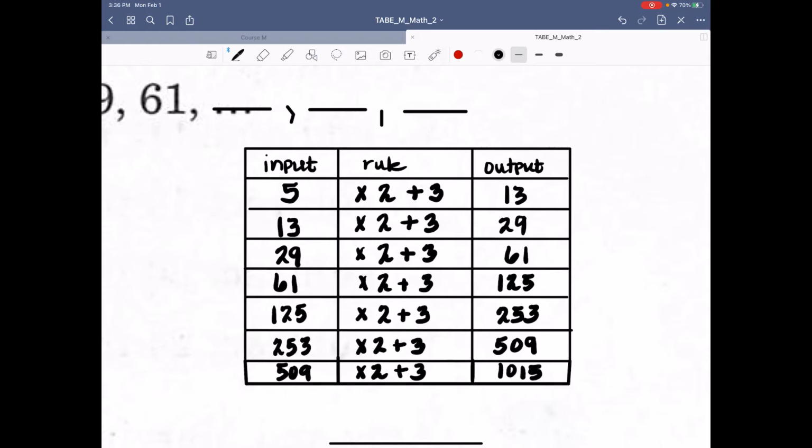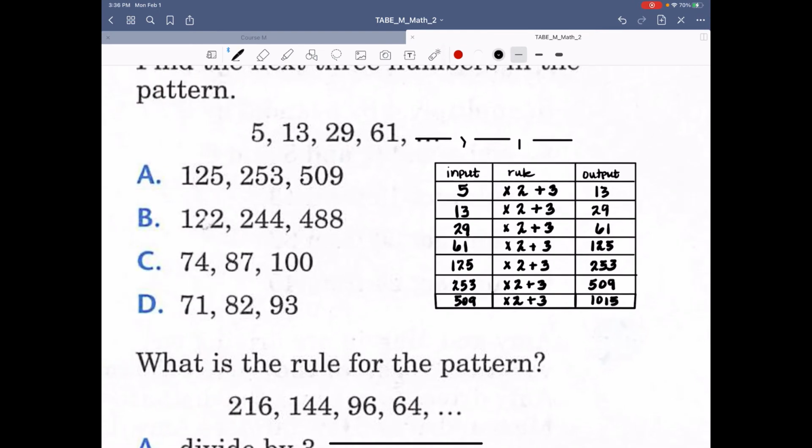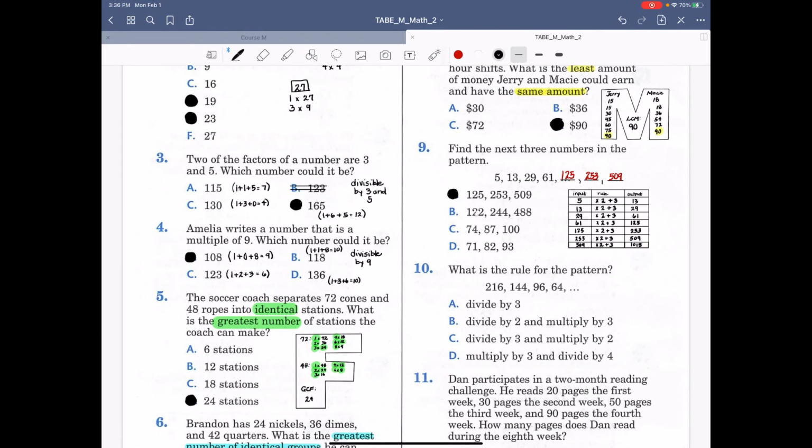But we can stop because we have our next 3 inputs. We have 125, 253, and 509. So that is answer A. Number 9 is A.